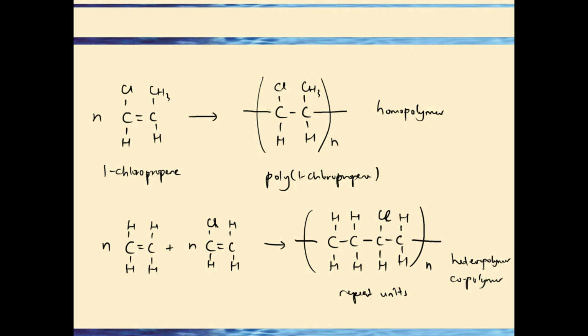They might use these terms in the question. So when you see these terms, you know that they are using one type of monomer or more than one type of monomers.